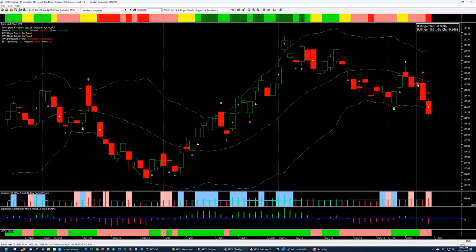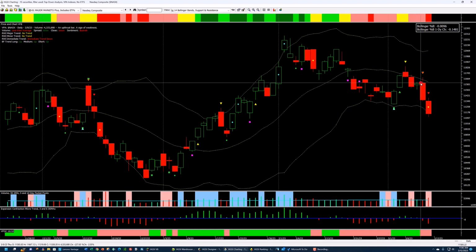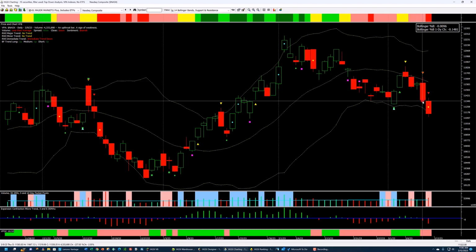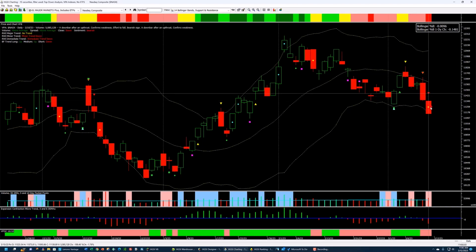It looked like the market was going to hold, and then on Thursday it did open higher and traded up here, but there's that upper wick, and this tells us that the market was not being supported by the so-called smart money. And it continued down on Friday. So we had 2 very negative signals back to back, and now we're outside the Bollinger Band.